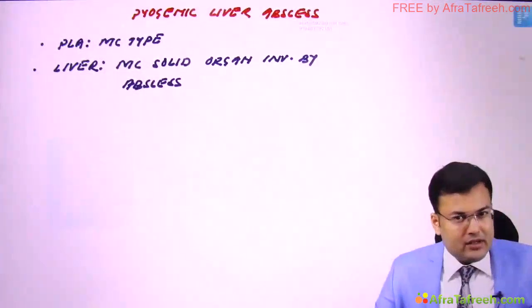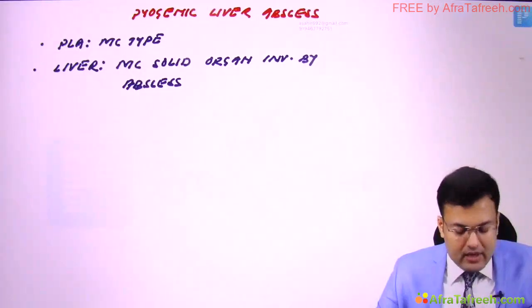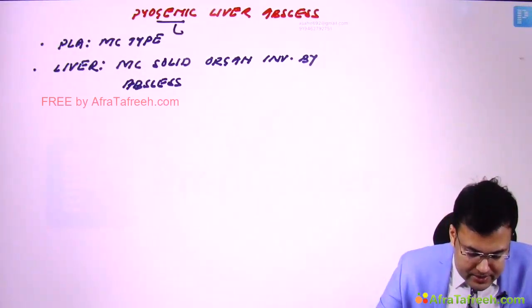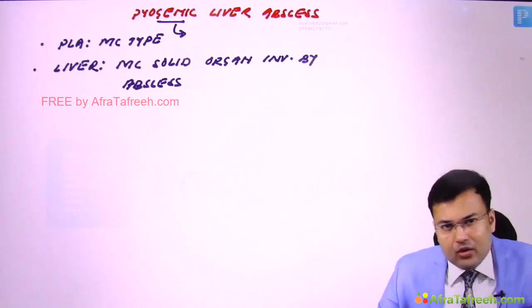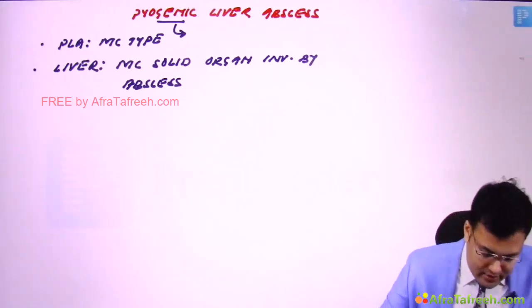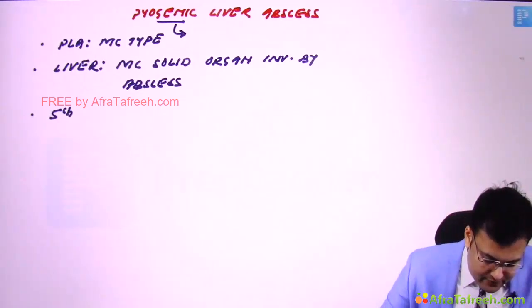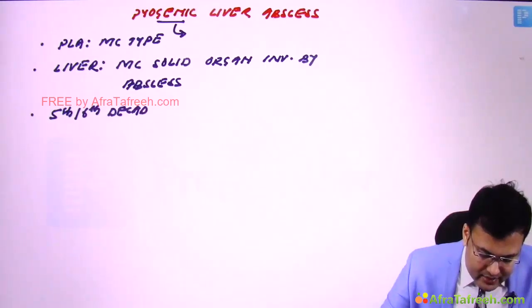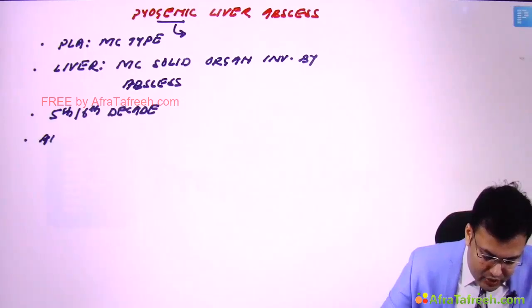You must have seen a case of liver abscess because it's very common. Generally, this pyogenic liver abscess is more common in alcoholic males and it is usually seen in the 5th to 6th decade.